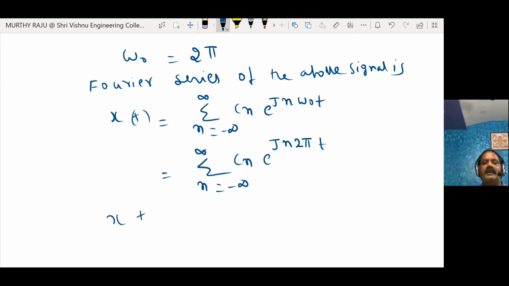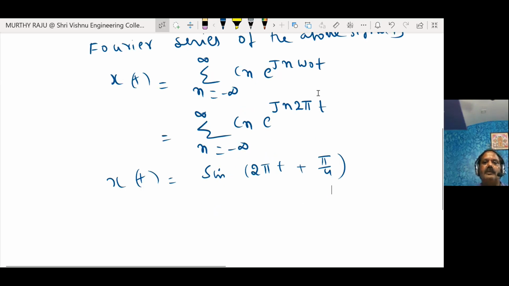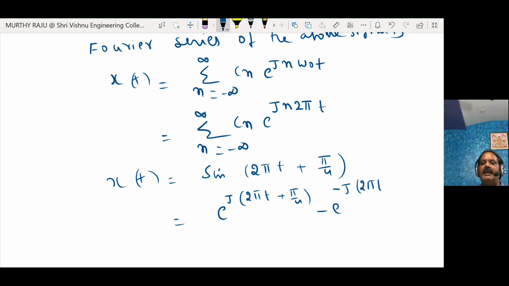For the given signal, x of t is equal to sine of 2 pi t plus pi by 4. Sine x means e power j x minus e power minus j x by 2j. So it is e power j of 2 pi t plus pi by 4 minus e power minus j of 2 pi t plus pi by 4, divided by 2j.